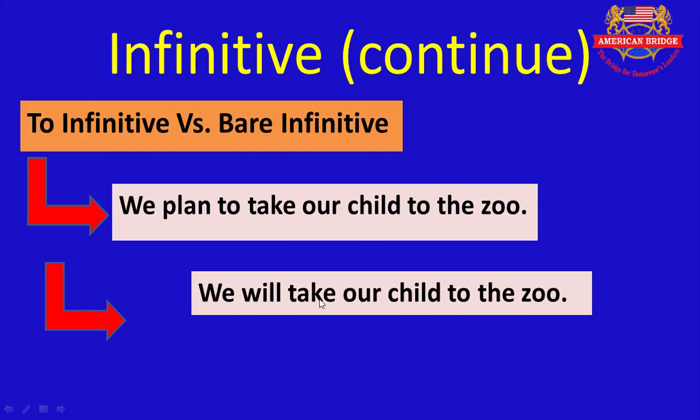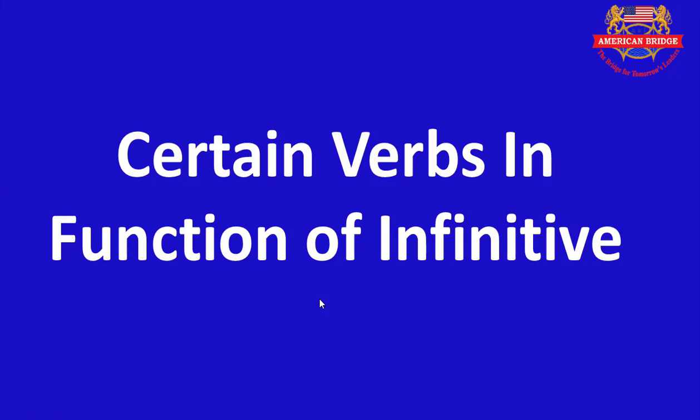So take here is the bare infinitive, or we say main verb. Okay, so don't confuse the to-infinitive and the bare infinitive. Remember that the bare infinitive is followed by the modal verb. Later on, you will see how we use to and how we use the bare infinitive, everyone. So let's begin, everyone.